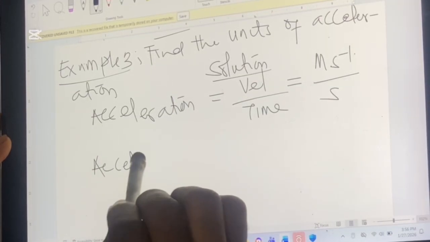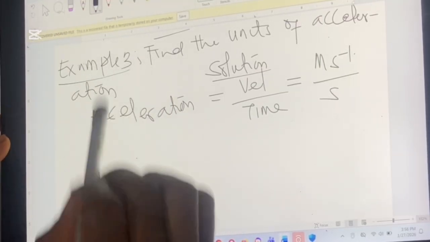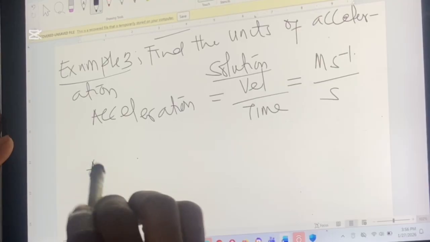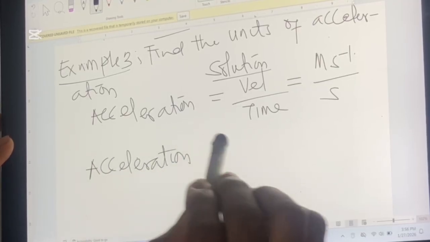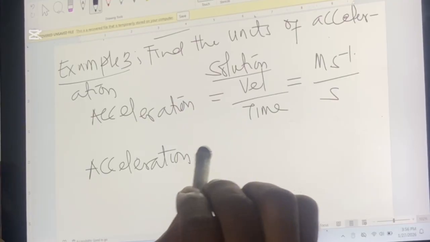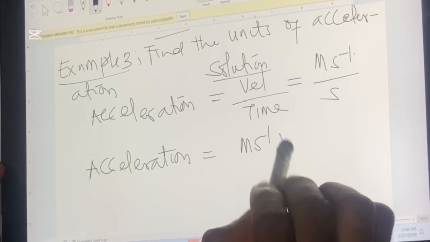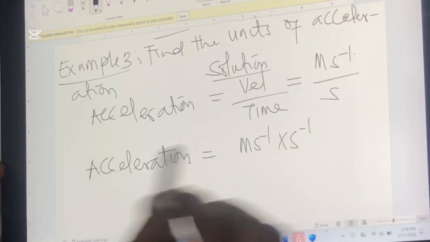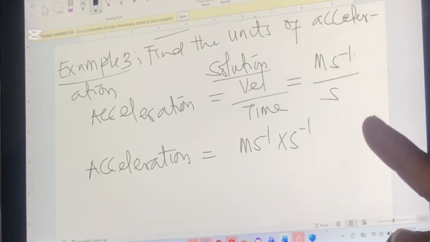When you do that, we have acceleration to be this, that is meter per second times per second. So class, there's a law in indices, and that law states that whenever we have two bases, we take only one and add up their powers.